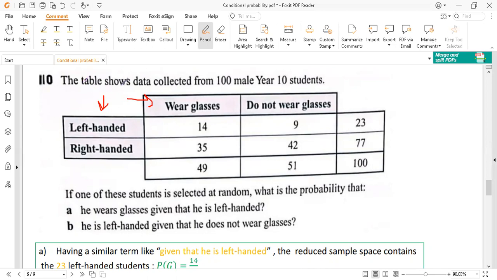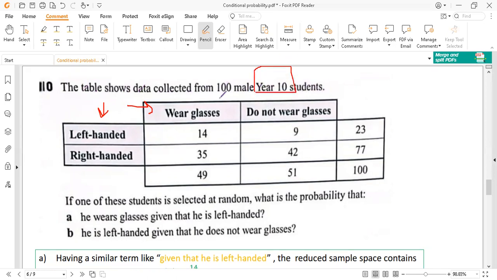Okay, the table shows data collected from 100 male year 10 students. We want to ask them if they wear glasses or not, and if they are left-handed or right-handed. So the two subjects are totally independent.